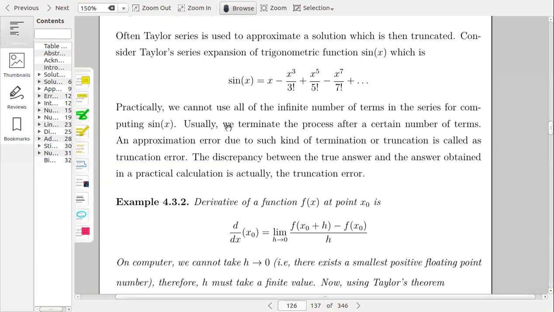Practically we cannot use all of the infinite number of terms in the series for computing sine x. Usually we terminate the process after a certain number of terms. An approximation error due to such termination or truncation is called truncation error. So again, the discrepancy between the true answer and the answer obtained in practical calculation is the truncation error.